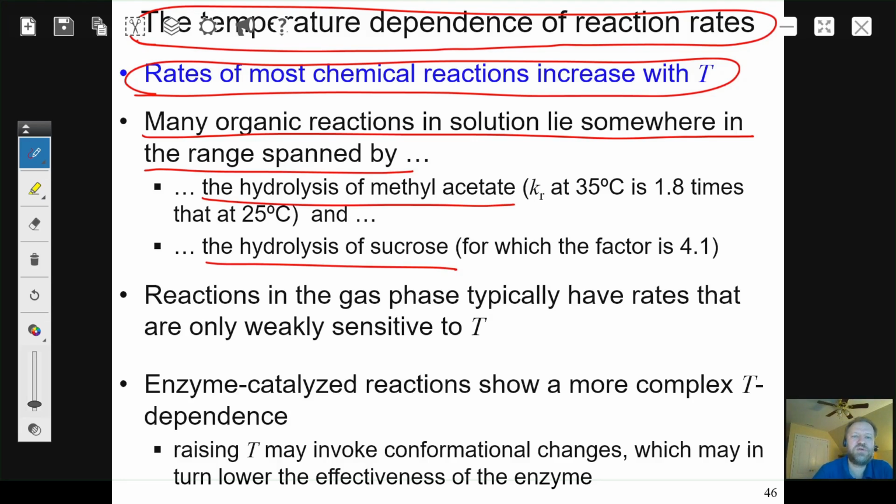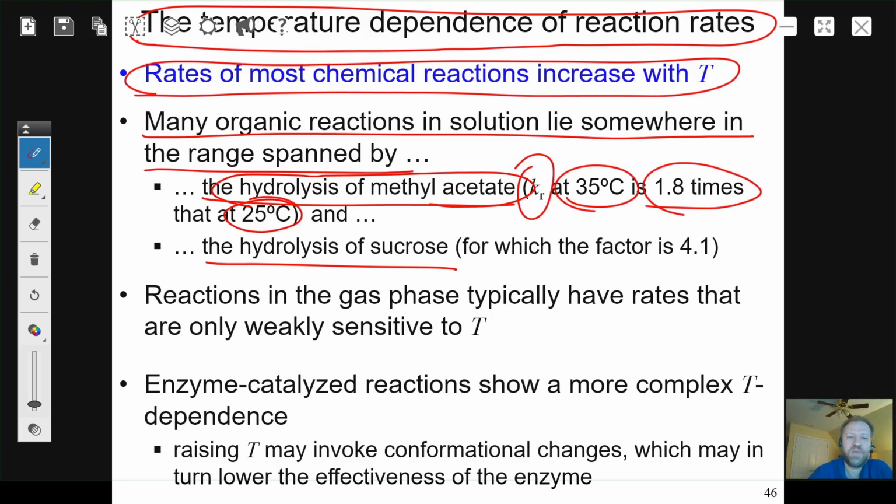For the hydrolysis of methyl acetate, the increase in temperature from 25 degrees Celsius to 35 degrees Celsius increases the numerical value of the rate constant by a factor of 1.8, while for the hydrolysis of sucrose, the same increase in temperature, from 25 degrees Celsius to 35 degrees Celsius, increases the rate constant by a factor of 4.1.